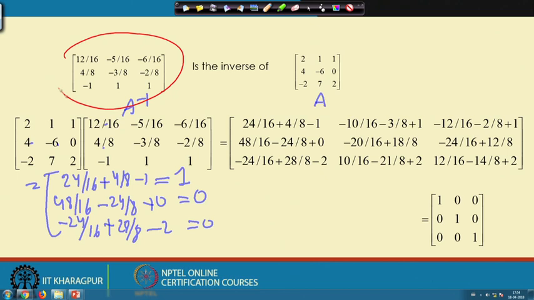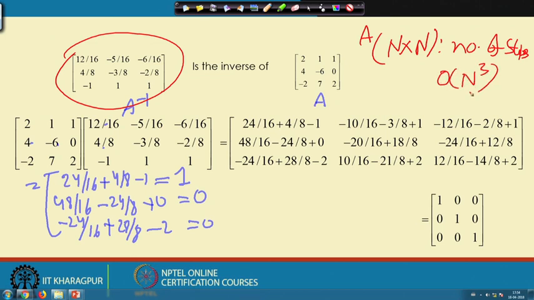And typically for an n into n matrix, the number of steps will be very similar to Gauss elimination, of order n cube. So, this is one important method of finding the inverse of a matrix using direct solution techniques, and it has a lot of similarity with the Gauss elimination method.